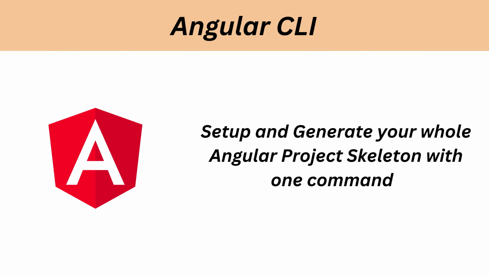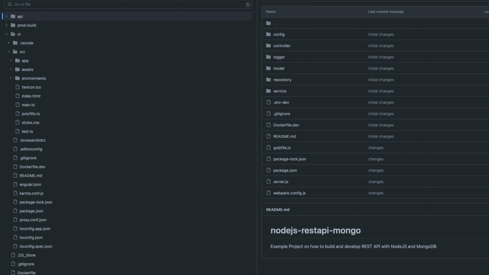When it comes to UI, you can generate the whole skeleton of an Angular application with Angular CLI. Angular CLI creates the whole application for you. Before Angular CLI, you had to create your own files and your own structure for the Angular application. Since the beginning of Angular CLI, wherever you go, the project structure looks the same.